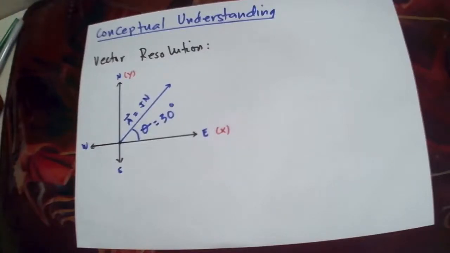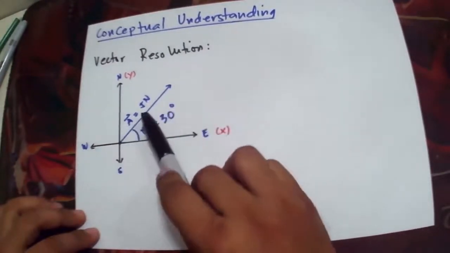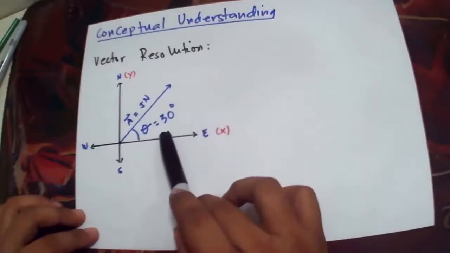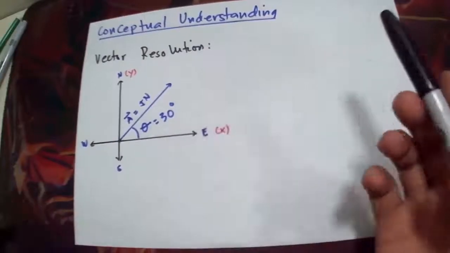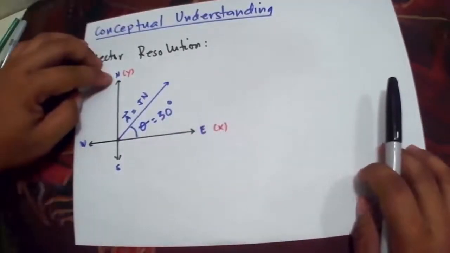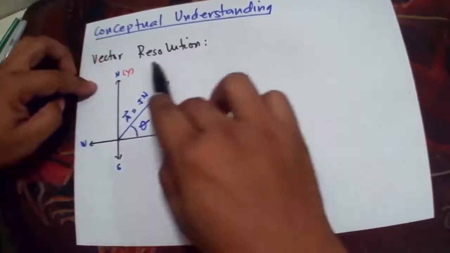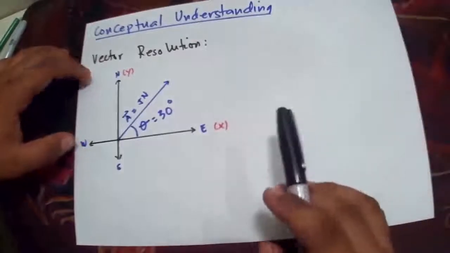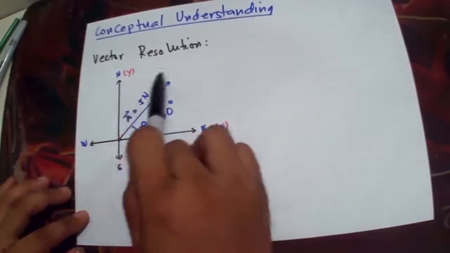Now, in vector resolution, for example, we have here a vector that has a value of 5 newtons and an angle of 30 degrees, located in quadrant 1, which is the direction of north and east. In resolving this vector into its components, we're going to consider the x component and the y component of this vector.